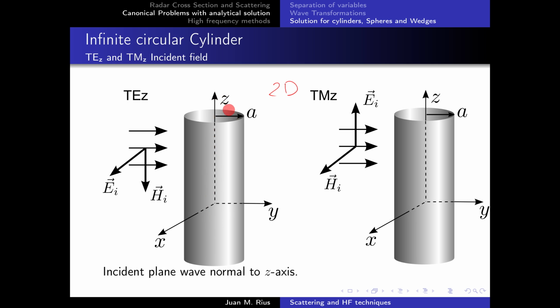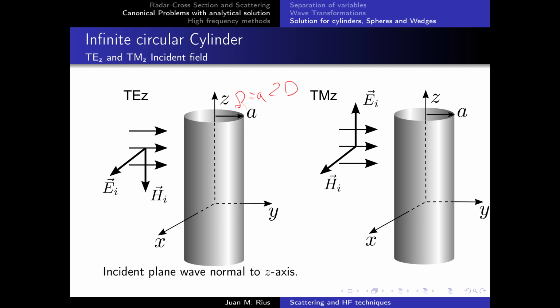Okay, so the boundary condition is on a surface of constant radial coordinate rho, radius rho equal to a, the coordinate of the surface.